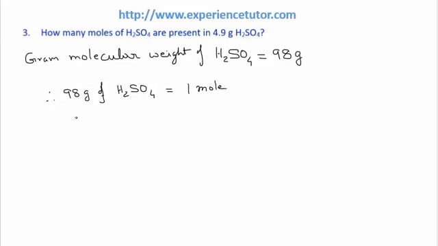Therefore 1 gram of H2SO4 is equal to 1 upon 98 moles, and 4.9 gram of H2SO4 is equal to 4.9 upon 98 moles.